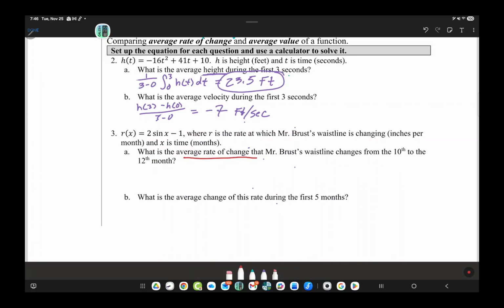But yeah, here we're going to do the integral, or 1 over 12 minus 10, integral from 10 to 12 of r of x dx.